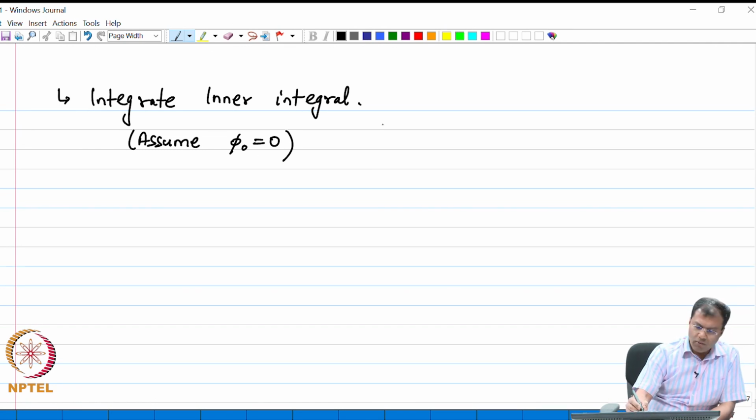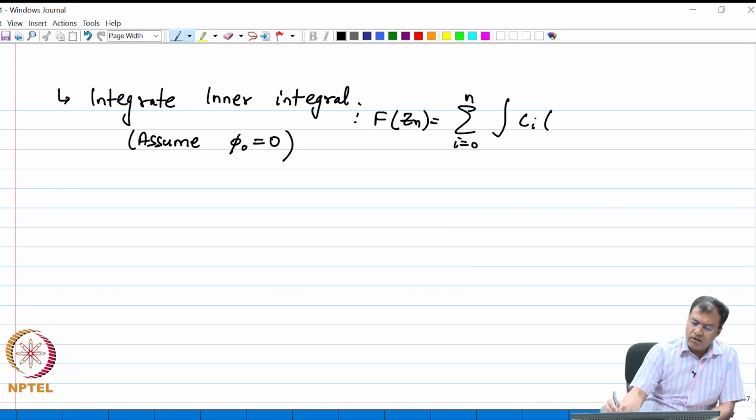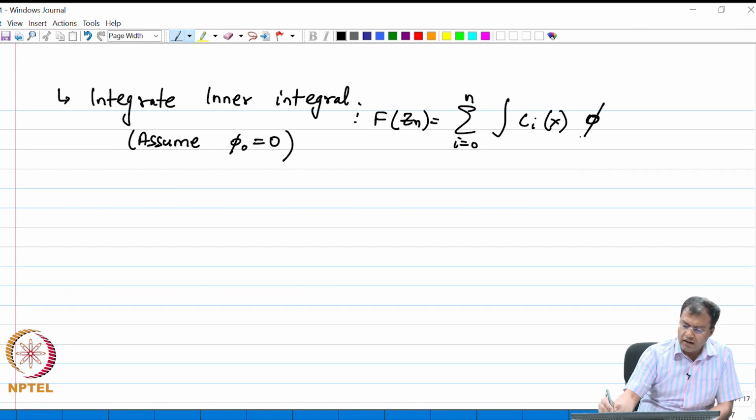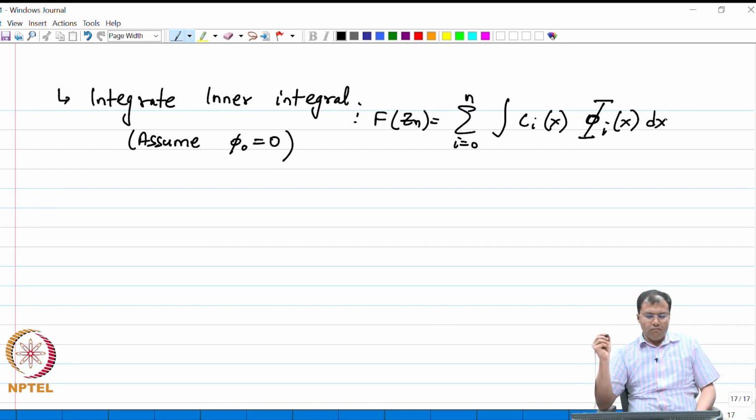Notice that now my approximate integral becomes f of Zn equal to the summation i from 0 to n of the integral of C_i of x, and now the inner integral we can very nicely integrate with respect to y to get a function, capital Phi_i of x, dx, right.